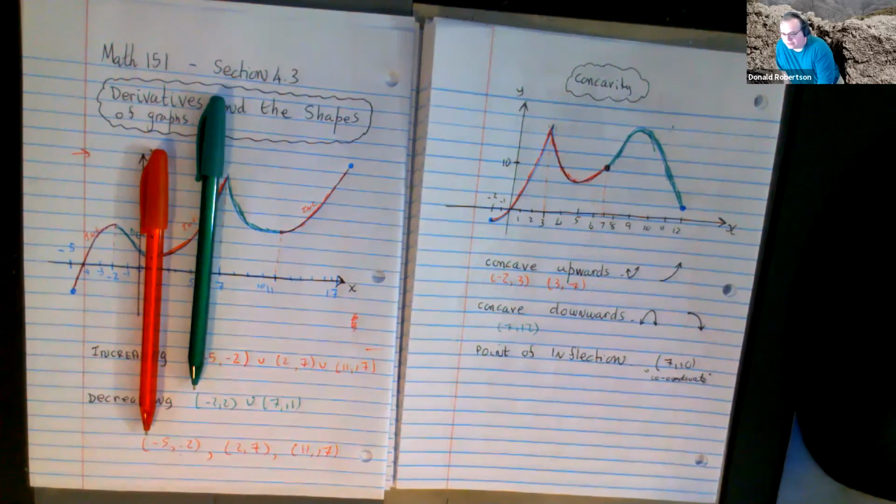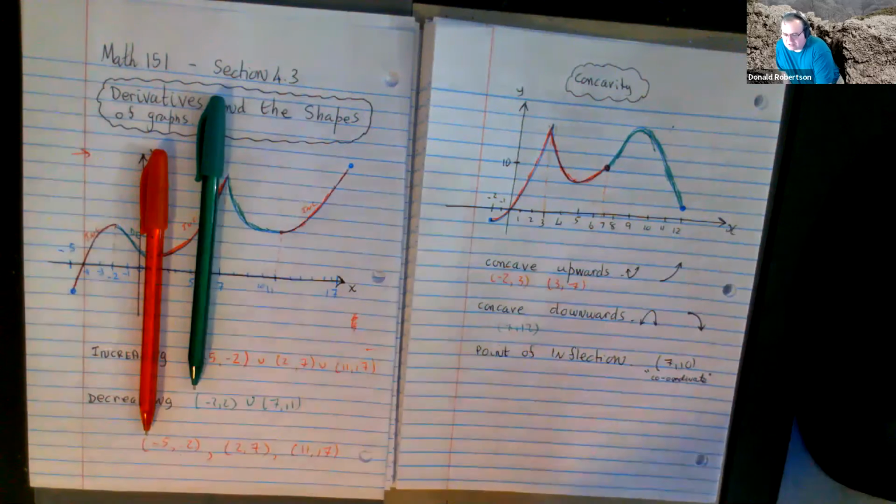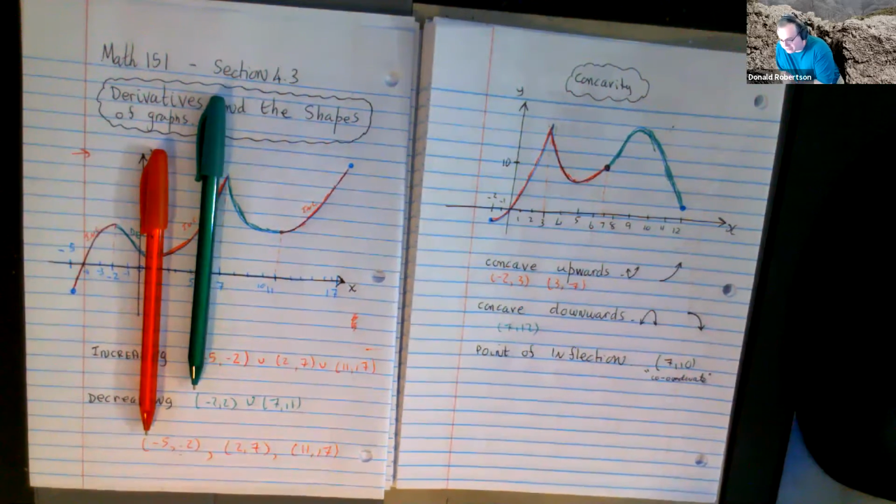And how do you know it's an interval and not a coordinate? If it's a point of inflection, it's a coordinate. If it's an increase, decrease, concave up or concave down, everything else is an interval. You talk about concave down, you're talking about an interval of values, right? If you're talking about a point of inflection, it's a single coordinate, and you just have to live with that.